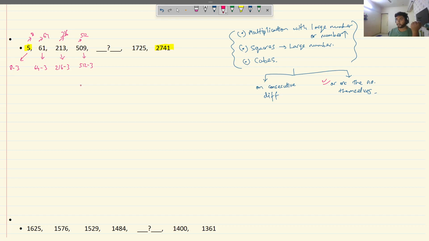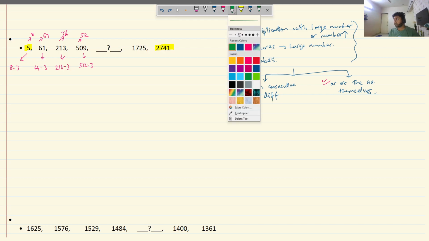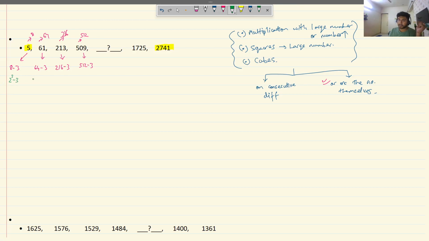Okay, let's write these cubes in the form of their base integers. So I can write this as 2 cube minus 3, this as 4 cube minus 3, this is 6 cube minus 3, 512 is 8 cube minus 3.